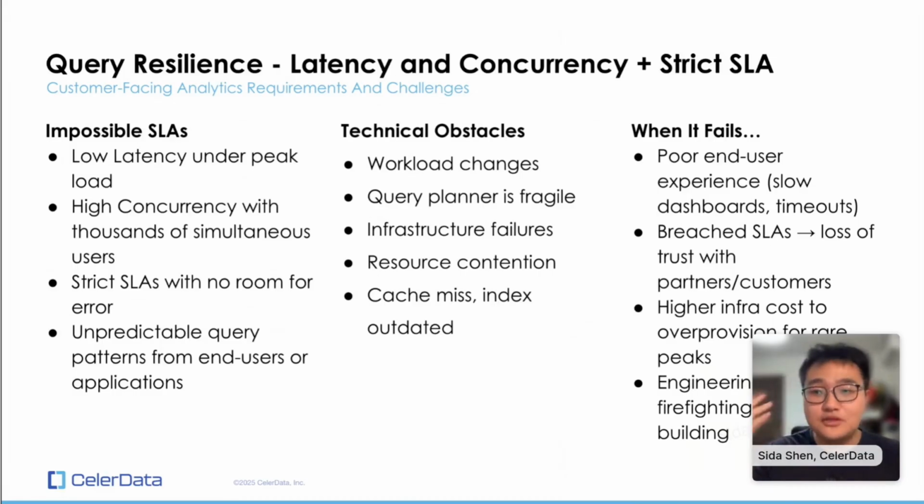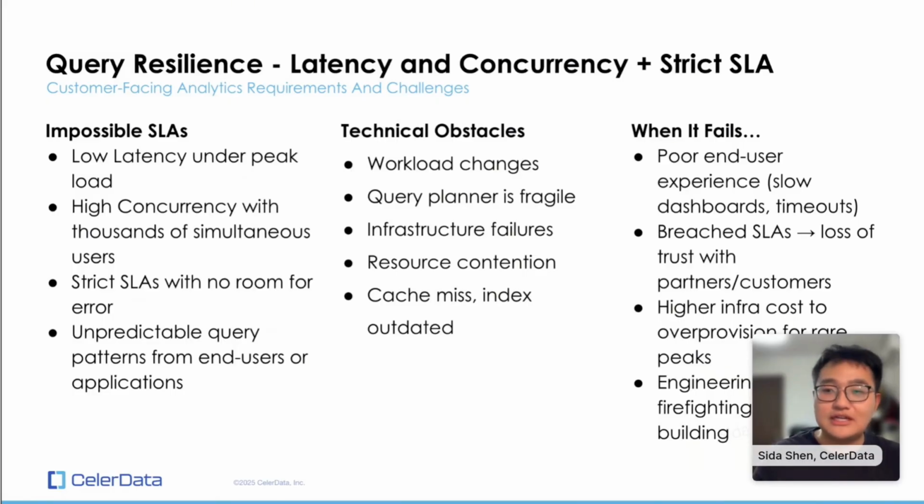And also infrastructure failures. For a lot of the customer-facing use cases, the availability requirement is actually higher than EC2 instances. So you need to account for what if one of my EC2 instances goes down. What do I do? How do I maintain the same performance, right?